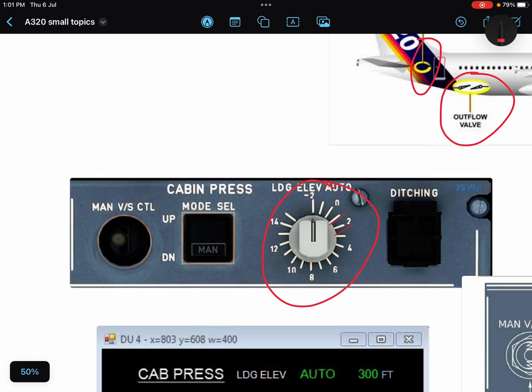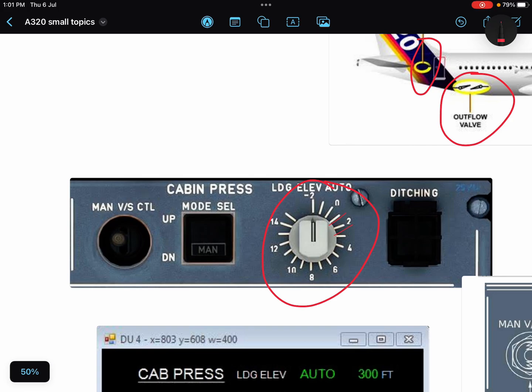Now, in automatic control, the CPC takes information from the FMGC. Before starting the flight, you have given everything to the MCDU, and the information goes to the FMGC. But if in case the FMGC fails, the CPC wants landing elevation information. So in this case, your pressurization system changes from fully automatic to semi-automatic mode.